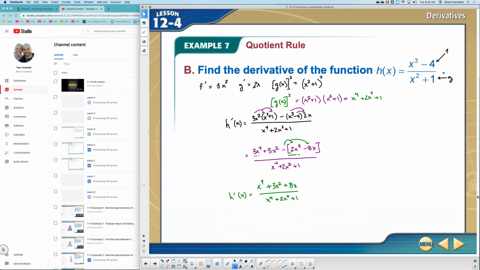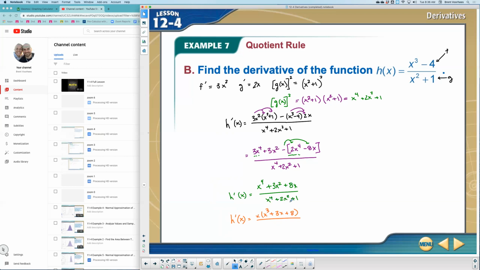And if you wanted factored form, if you want a factored form in the numerator, we can look across and see that we have a factor of x all the way through, so I could factor out that x, and we're left with x cubed plus 3x plus 8.